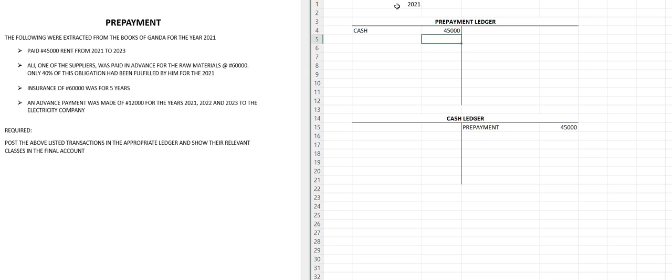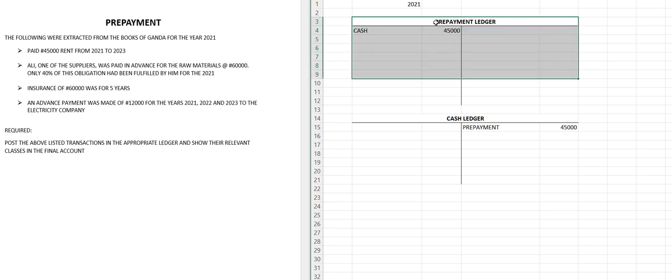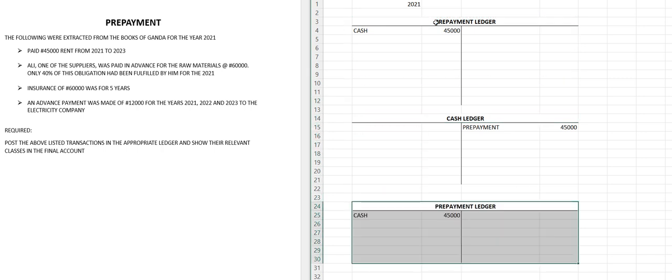But how do you now treat the other leg, which is the expense account itself? This is what you do. Let's bring our record here, copy this, bring it down, paste it. What was the first one? Rent. So you write rent expense.